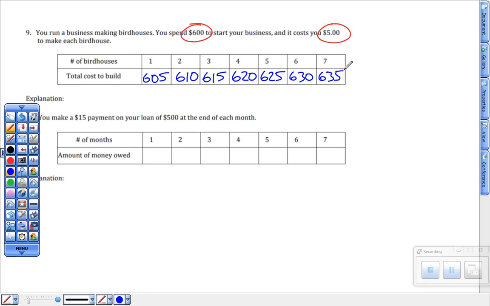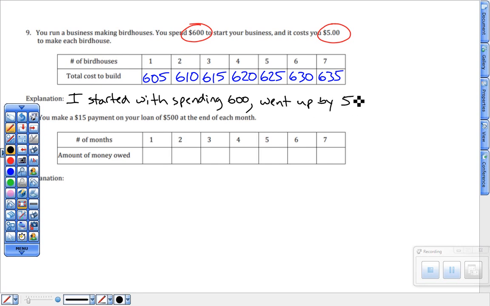My explanation, you could say, I started with spending $600, went up by 5 each time.